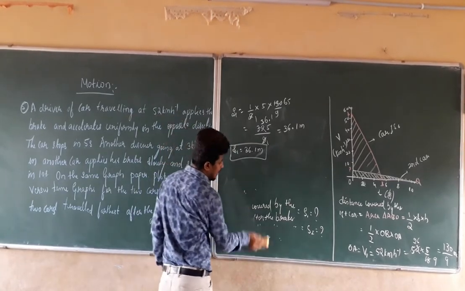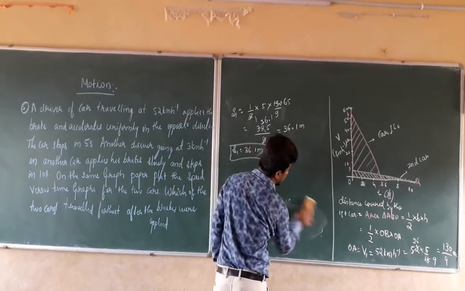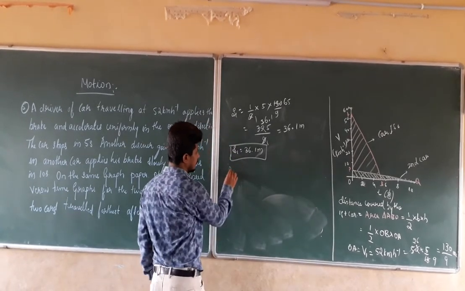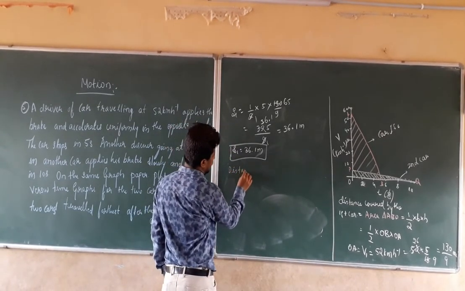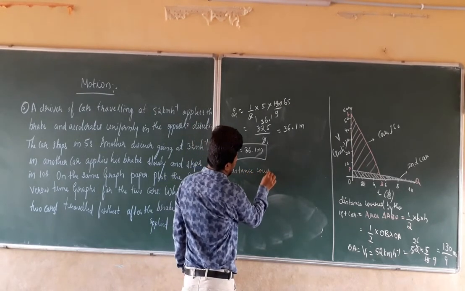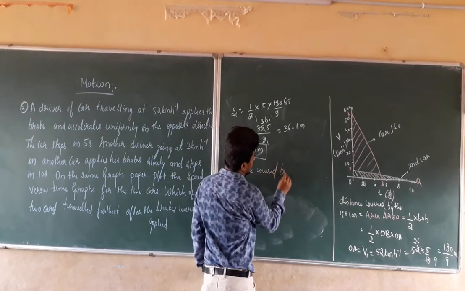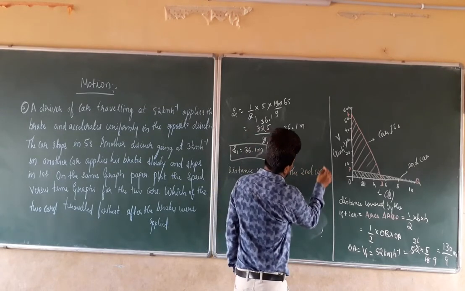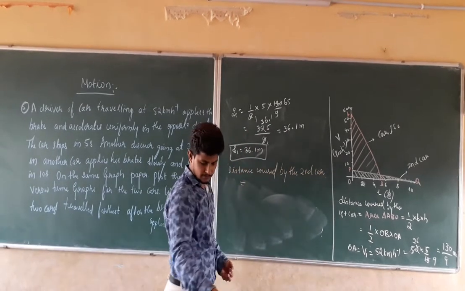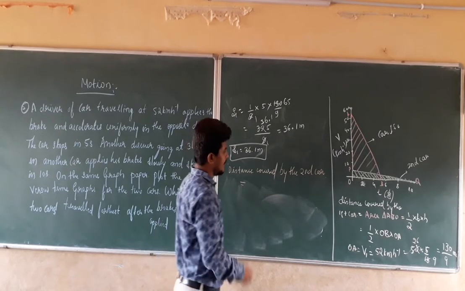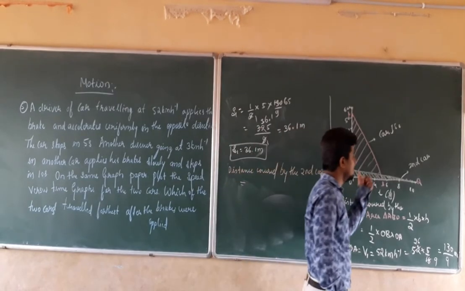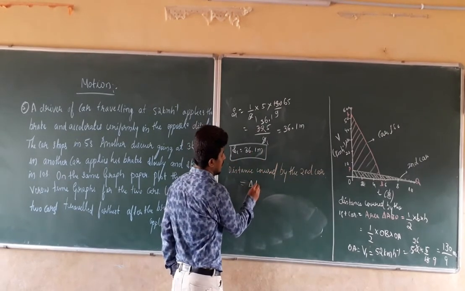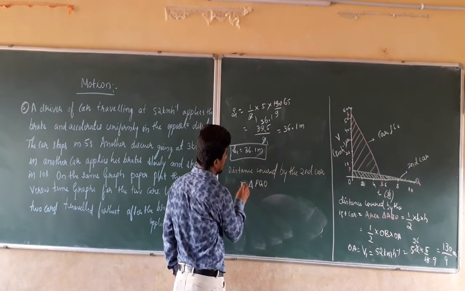Now we are going to calculate the distance covered by the second car. The distance covered by the second car is equal to the area of triangle PQO.